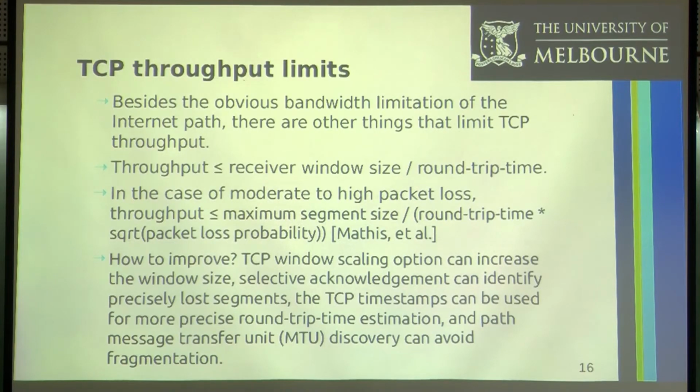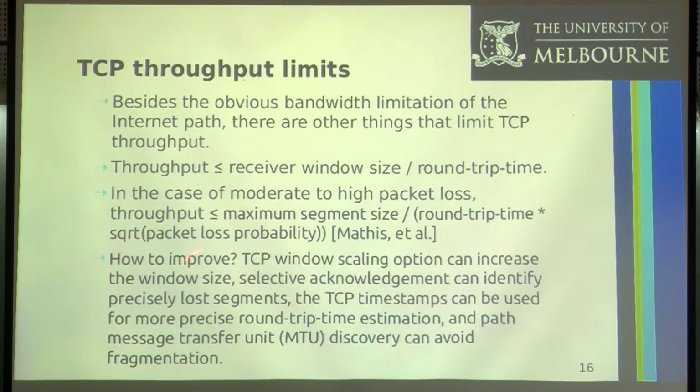It means TCP has to send a segment and then wait to see if it gets there or not, literally for every segment, because the packet loss is so high. So the throughput is limited to about 1 segment per round trip time. Whatever the segment size is divided by the round trip time would give you the throughput under really high packet loss.